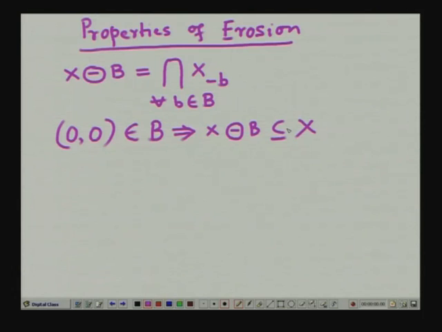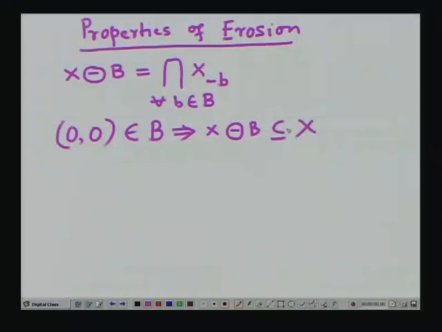You can take a very simple example and try it, and you will always find that if the local origin of the structuring element is a member of the structuring element, then whatever erosion output you get will always be a subset of the original point set capital X. The next property is translation. I will put this as 1. As in the case of dilation, we have the translation invariance property in this case.